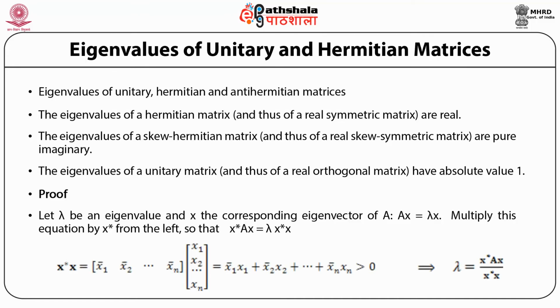Now x star into x is equal to a row matrix with the elements x1 bar, x2 bar and so on till xn bar into the column matrix x1, x2 and so on till xn. This equals x1 bar into x1 plus x2 bar into x2 plus so on till xn bar into xn and is greater than 0. This implies lambda is equal to x star into Ax divided by x star into x.